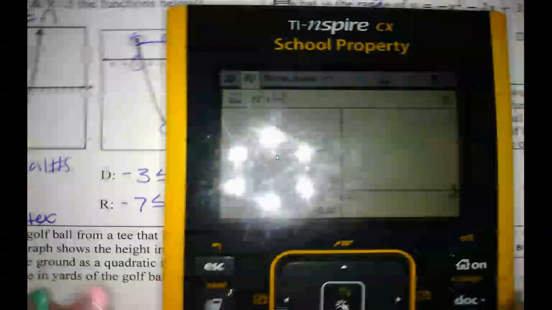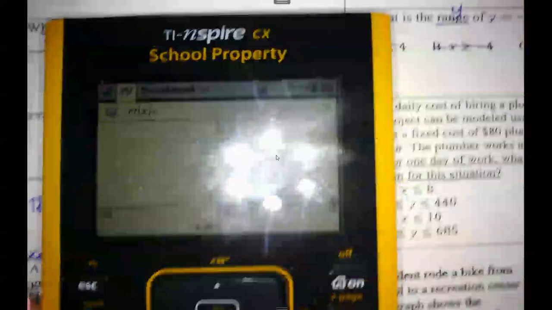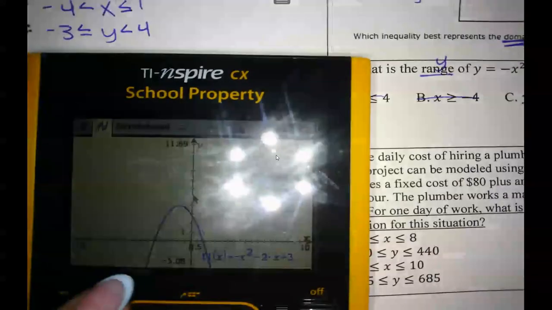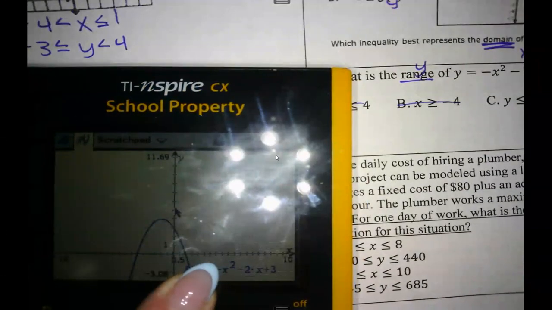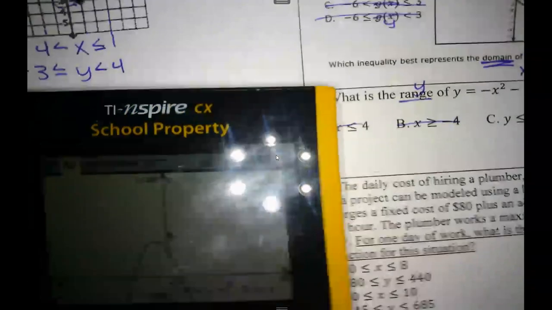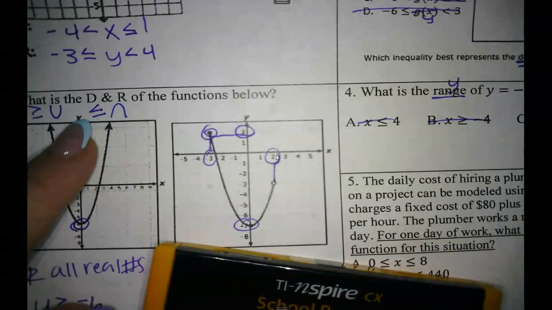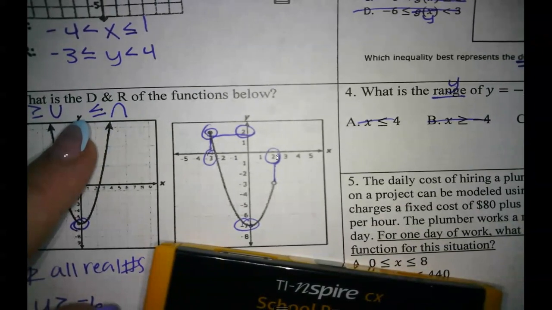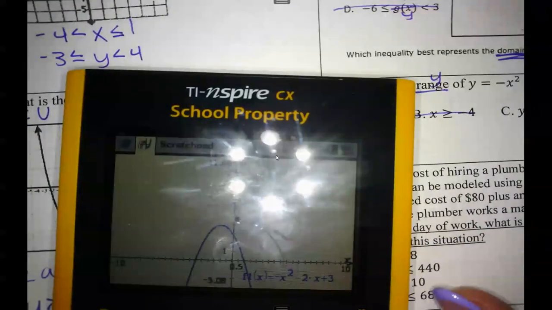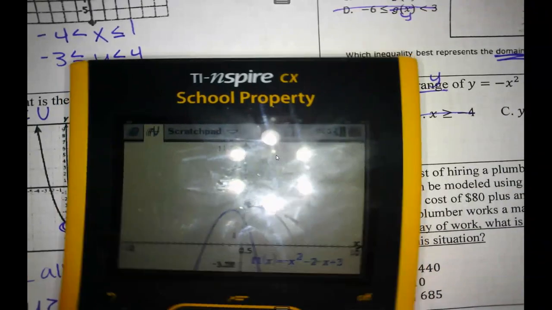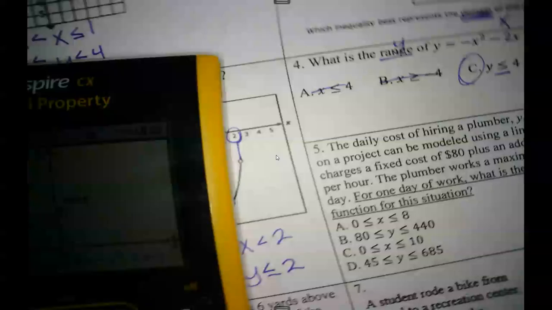We've got negative x squared minus 2x plus 3. And it is facing down. So we remember we used the less than symbol. So this one has the less than symbol. This one has greater than symbol. Let's go ahead and double check that it's less than 4. If I look 1, 2, 3, 4, my y value there is positive 4.